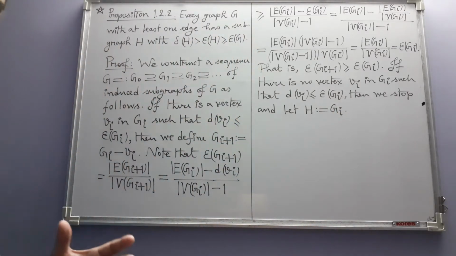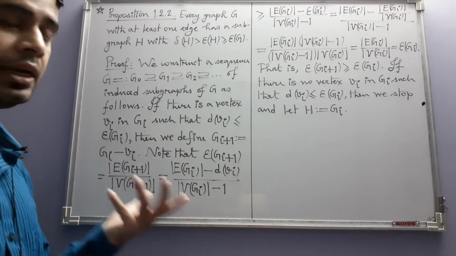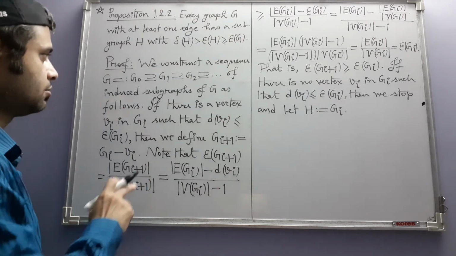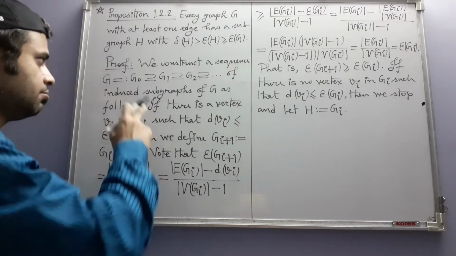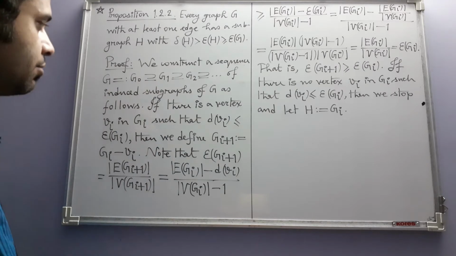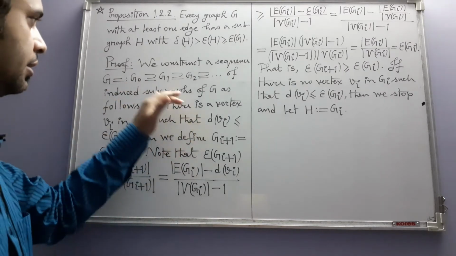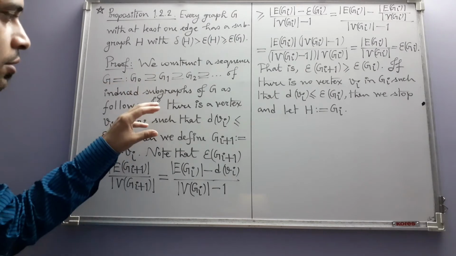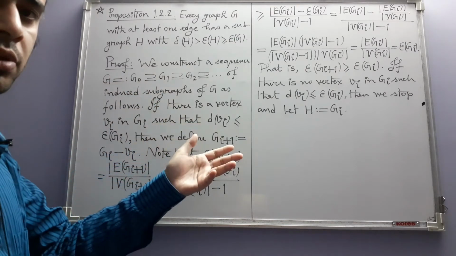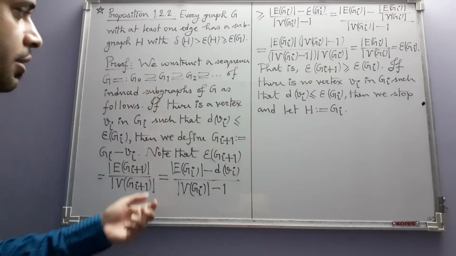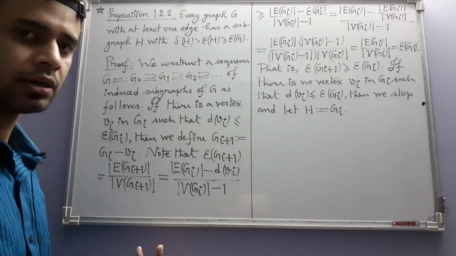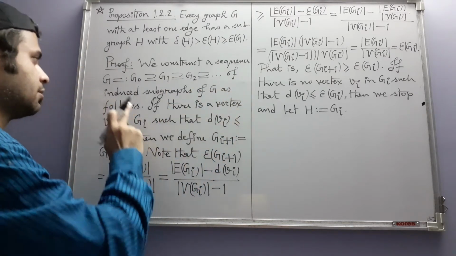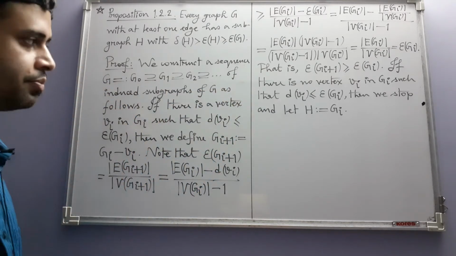Now note that we are in a finite graph. The original graph G is finite. So in the very first step, you would be looking for a vertex V in G naught, which by definition is G, whose degree is less than or equal to the average degree of G. If you cannot find any such vertex, then in this sequence there will be only one graph, and that is G itself.